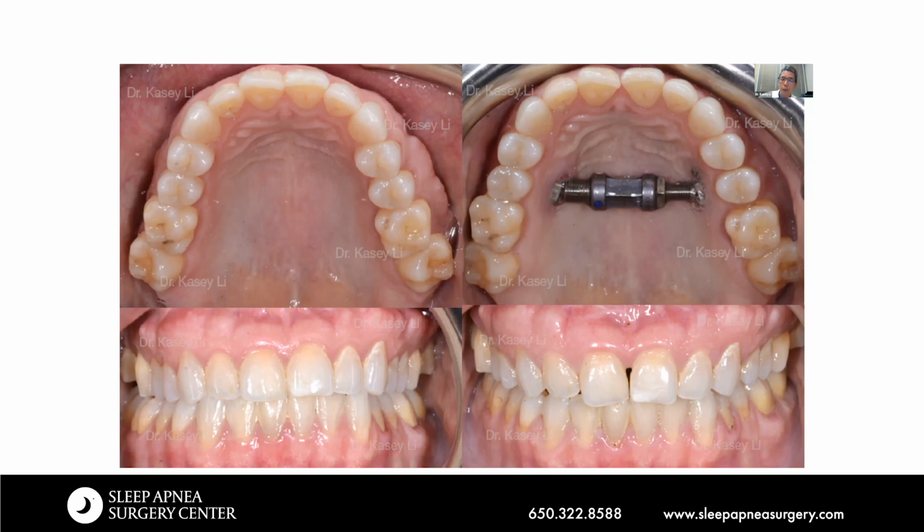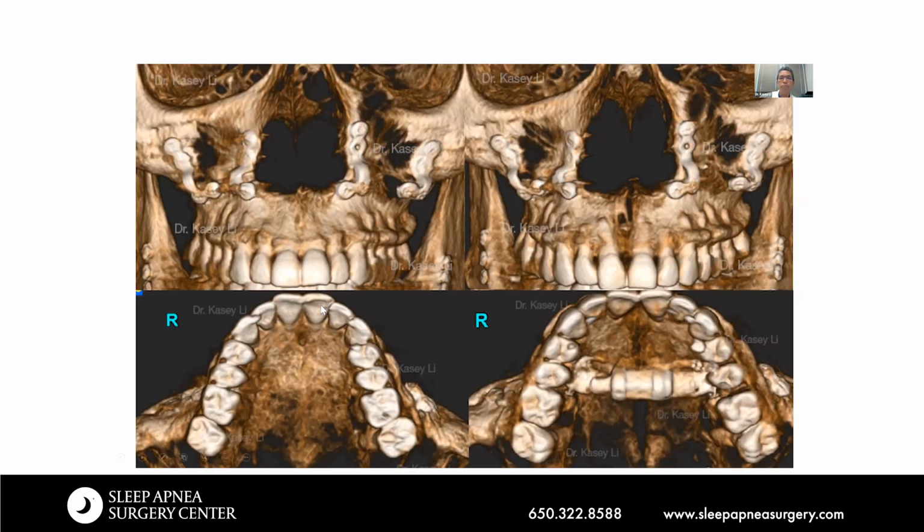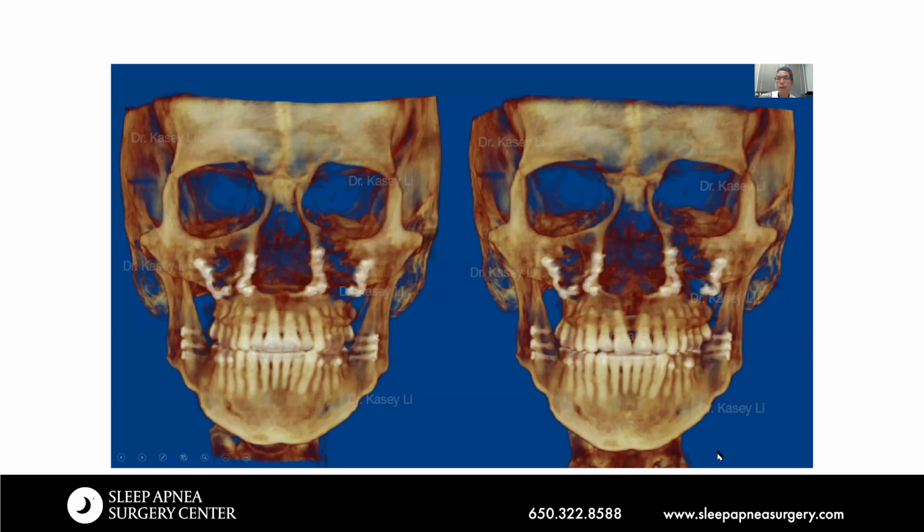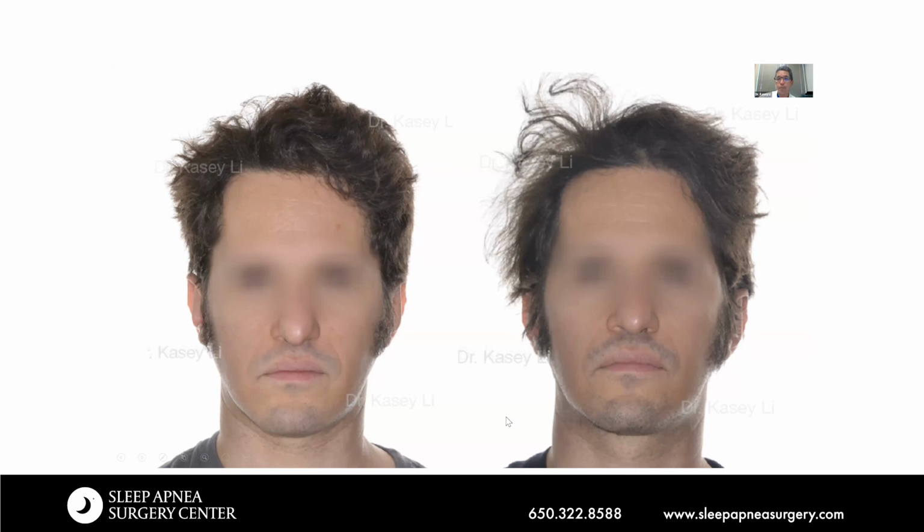He came to see me, he says, I want to further improve whatever symptoms I have, and I want to be able to breathe better. You can see after MMA, you could still expand, okay, front and back. You can still expand significantly. He's much improved, breathing and sleeping better.